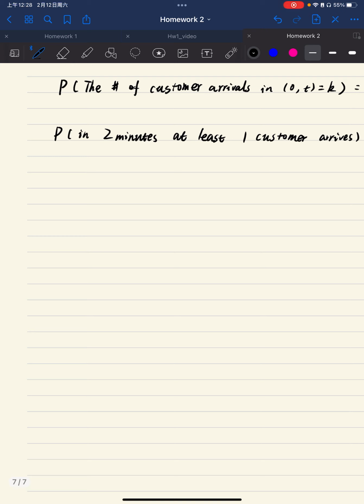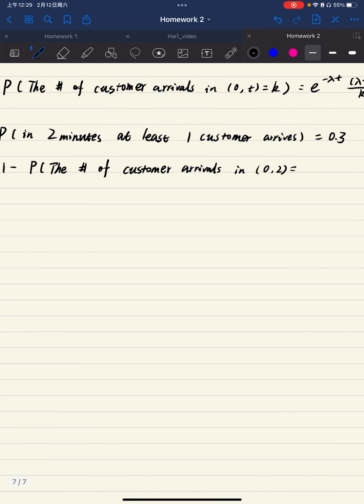So here we have a condition as 1 minus its complement event probability, that the number of customer arrivals in 2 minutes, from 0 to 2, equals 0, is 0.7.